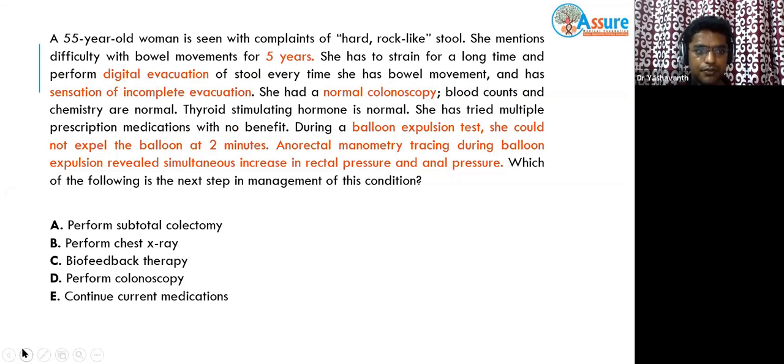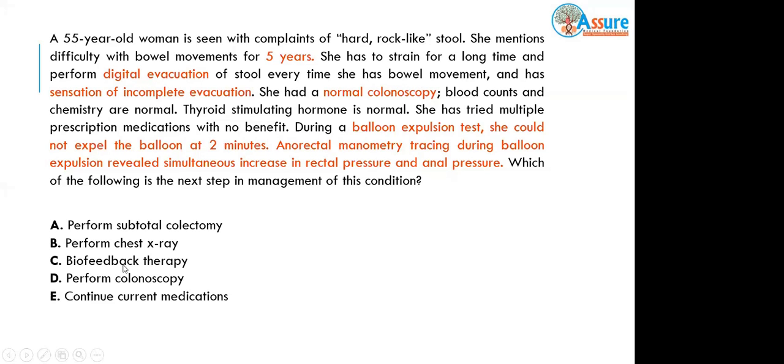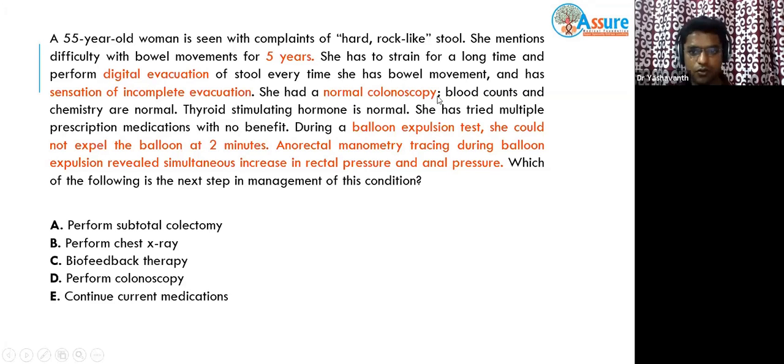Next question. A 55-year-old woman with complaints of hard stools and difficulty in bowel movements for 5 years. She has to strain for a long time, performs digital evacuation every time, and has a sensation of incomplete evacuation. What type of constipation does she have? Dyssynergia. Very good. She had a normal colonoscopy and TSH is normal. She has tried multiple prescriptions with no benefit.